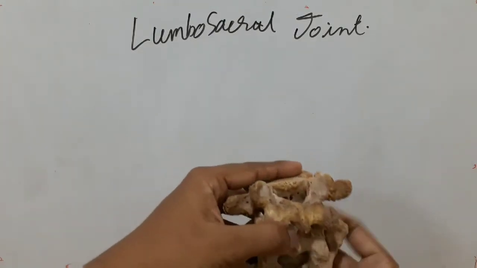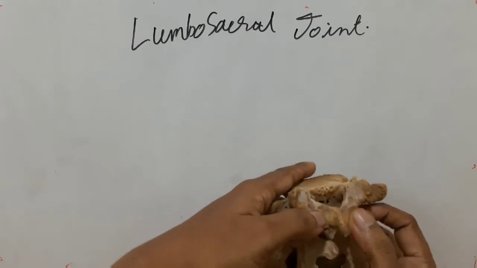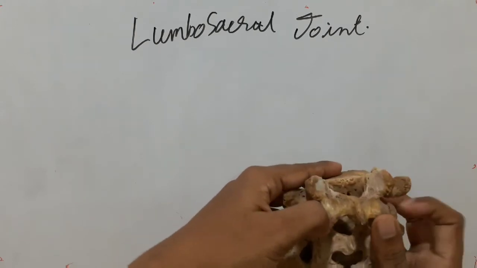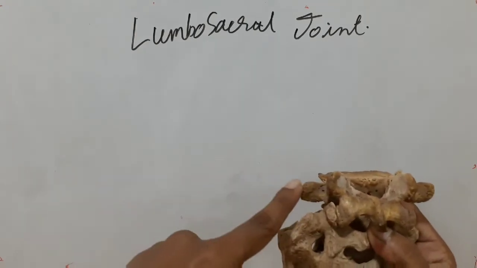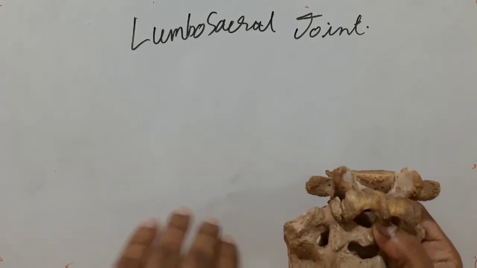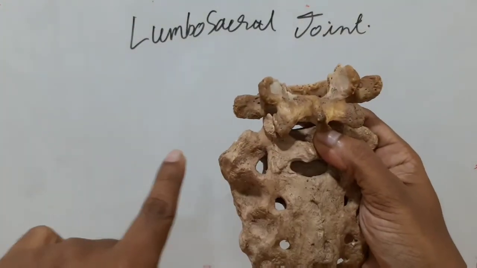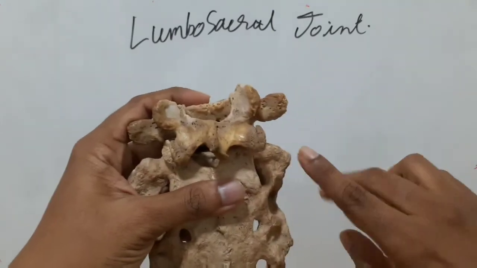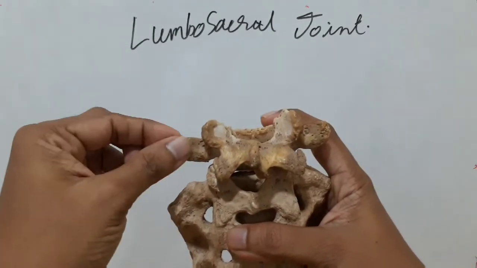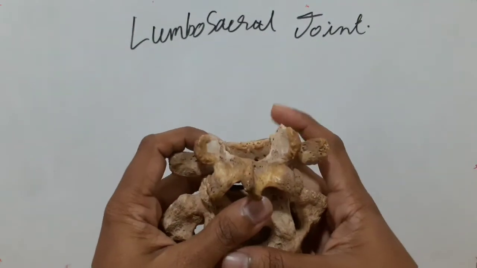Ligaments. The ligaments of this lumbosacral joint are the iliolumbar ligament. The iliolumbar ligament starts from the transverse process to the iliac crest. You have the ilium on this side and this side, and this is the sacrum, with the iliac crest. So the iliolumbar ligament starts from the transverse process and gets connected to the iliac crest on both sides.